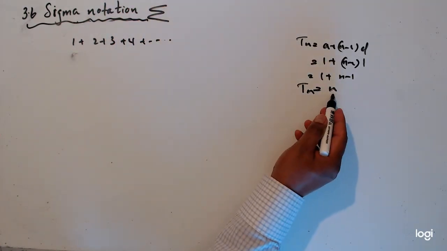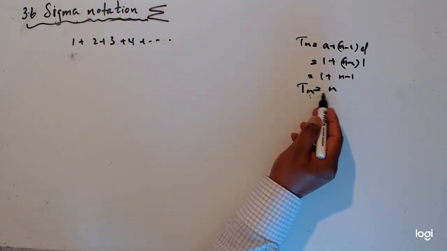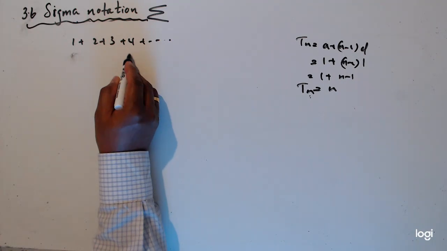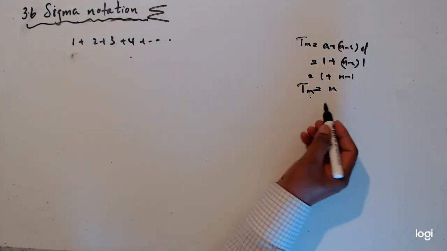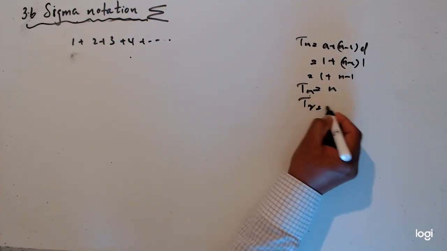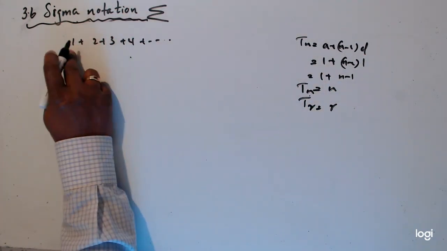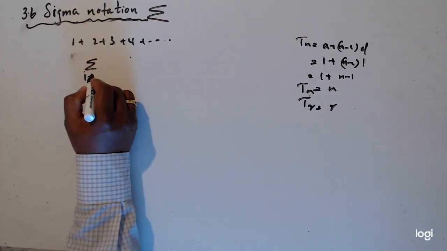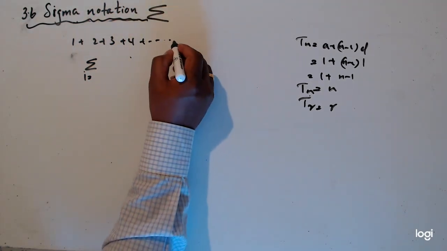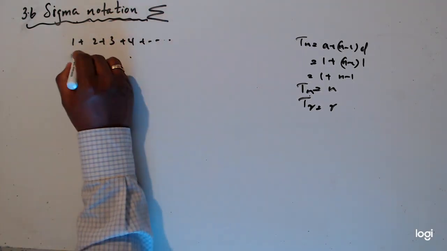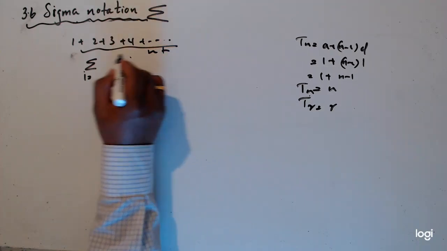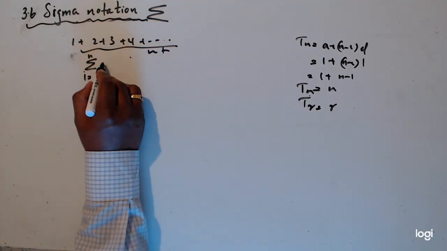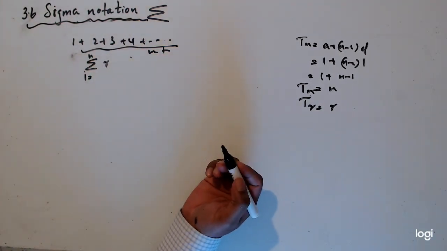It means the nth term is n, the fourth term is 4, the fifth term is 5, so the rth term is r. So we can simply write this as the summation of r, with r equal to 1 up to the nth term.